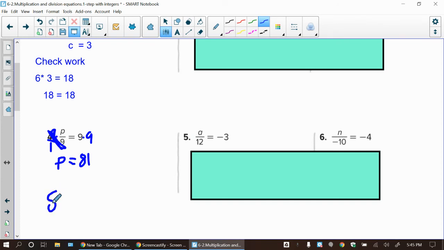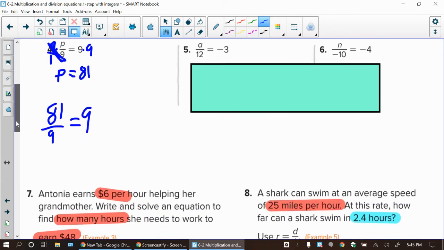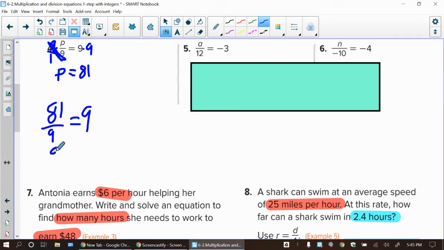So 81 divided by 9, is that going to equal 9? Notice these are all positives so far. When you get over here, you're going to have to watch out for those negatives. Well, 81 divided by 9 is 9. Bada bing, bada boom, we are correct.